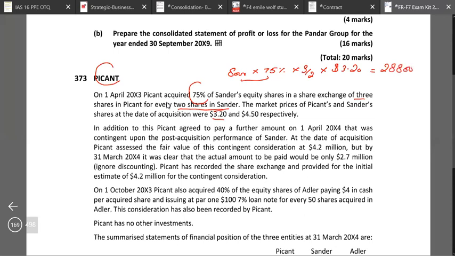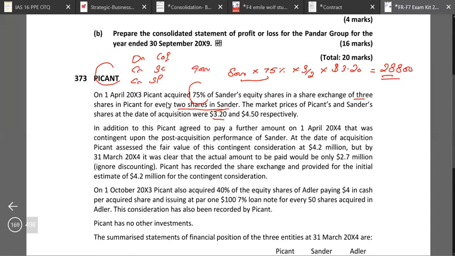That gives you 28,800. Now you can split it, because the double entry was debit cost of investment, credit share capital, and credit share premium. So you do 8,000 into 0.75, multiply by 3, divide by 2, and multiply by $1, which is 9,000.